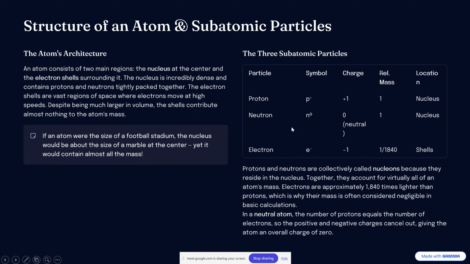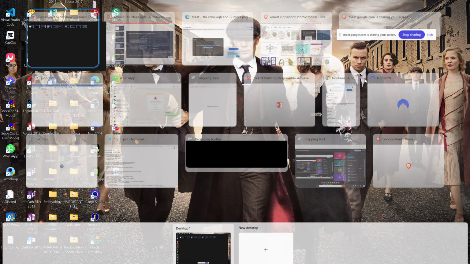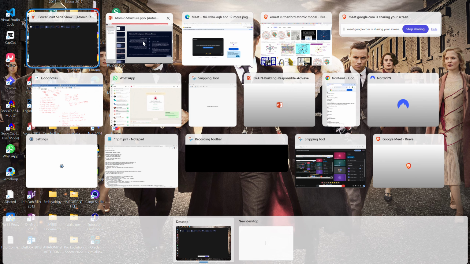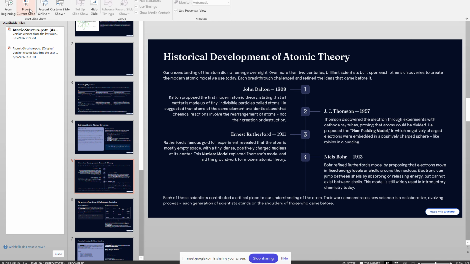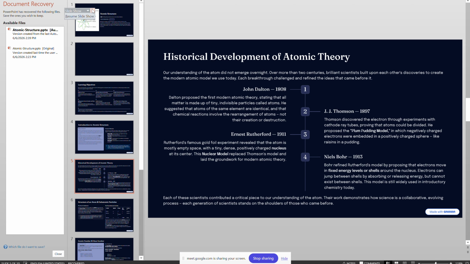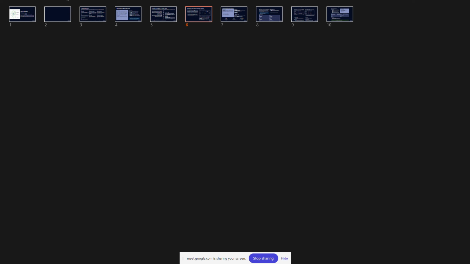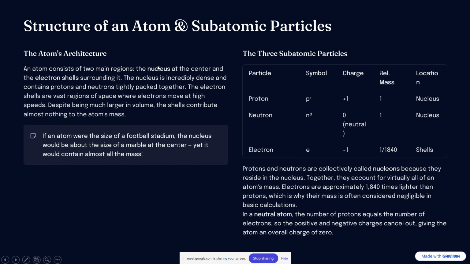So these are the subatomic particles. As you can see on this table, you have the particle, the symbol, the charge, the relative mass, and the location.